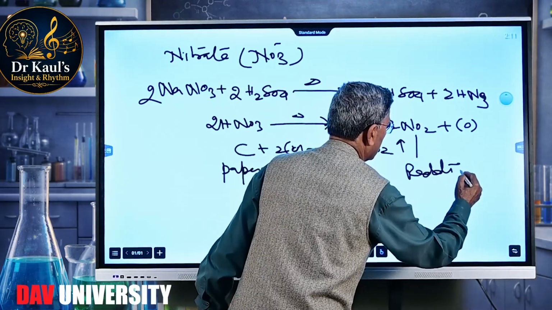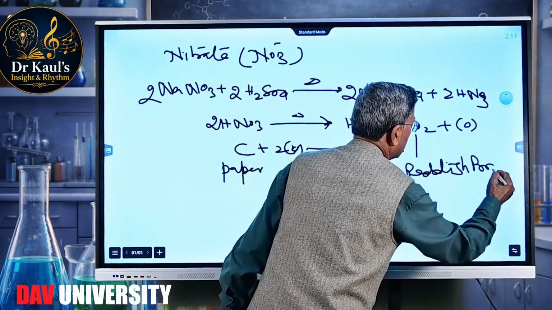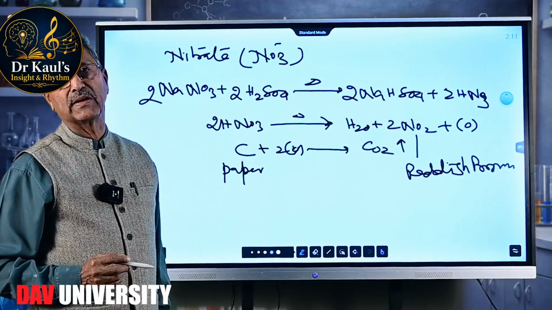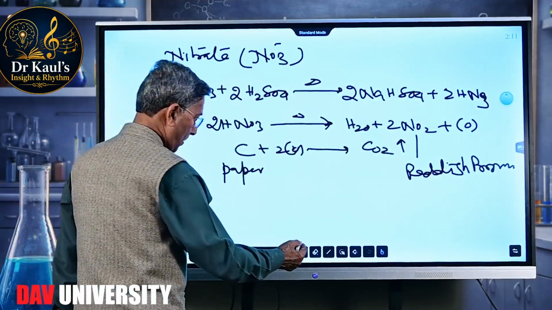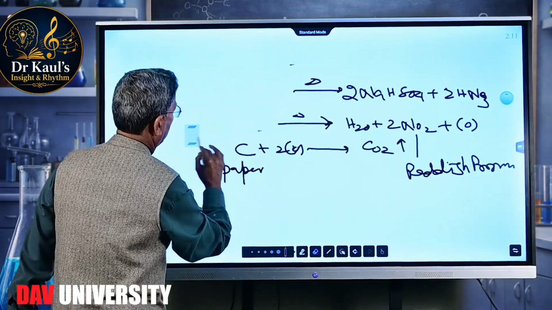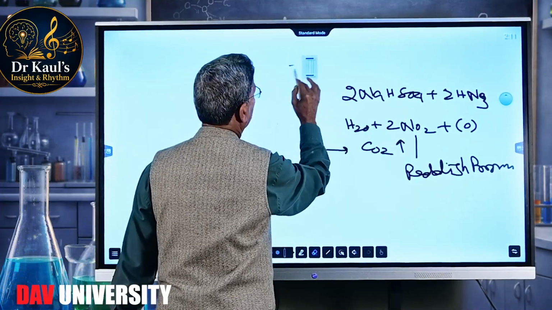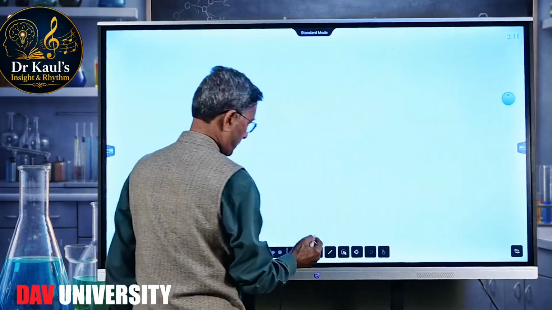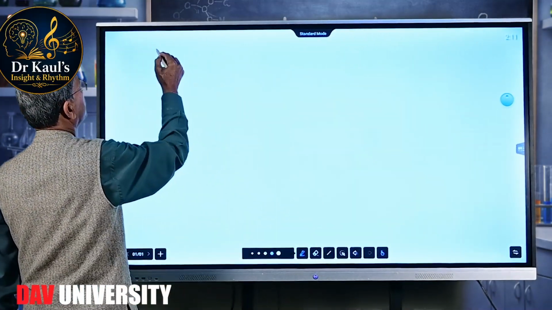So this reddish brown gas will indicate the presence of nitrate. Now after nitrate, we come over next to acetate.